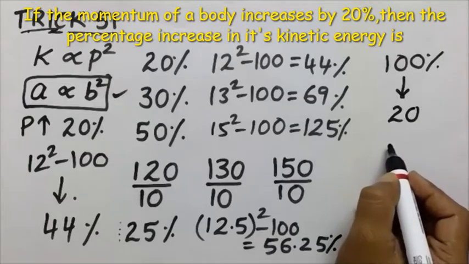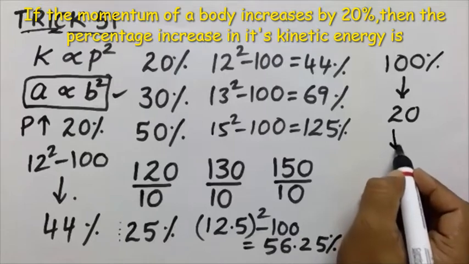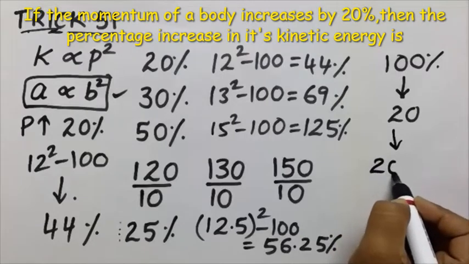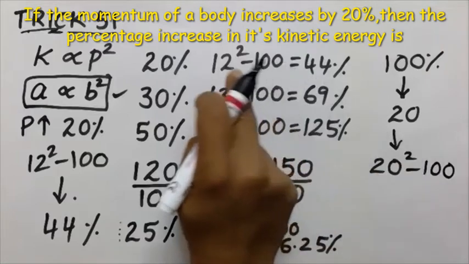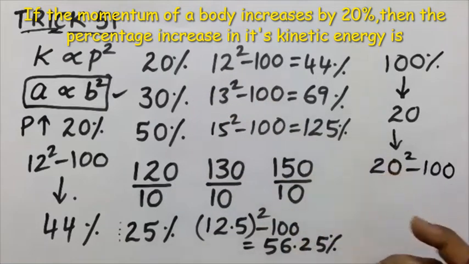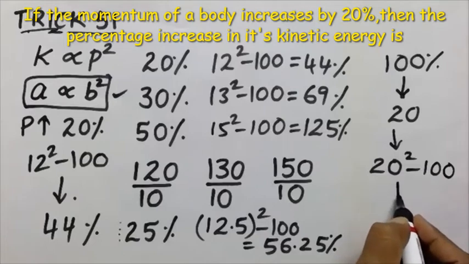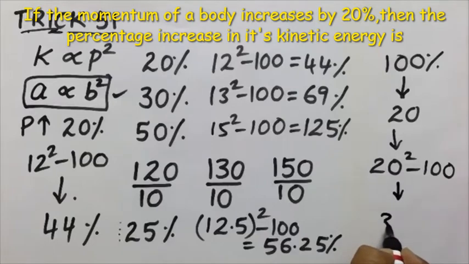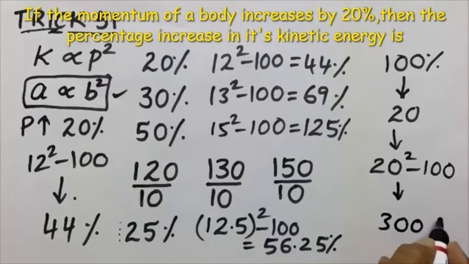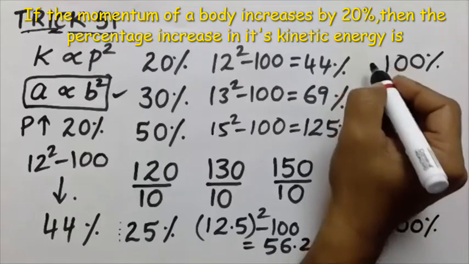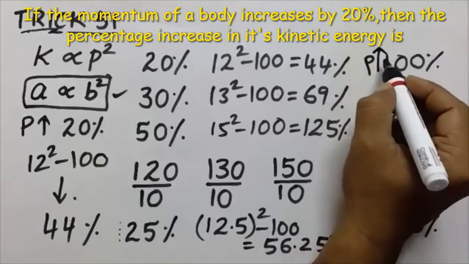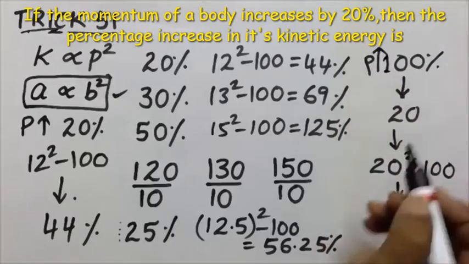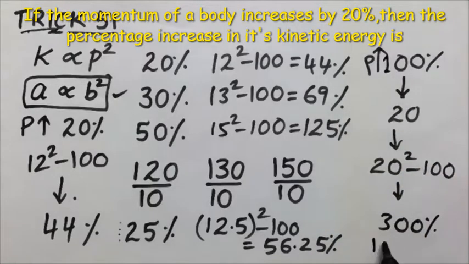Then square this and subtract 100 from this. Like that we have to do. So 400 minus 100. Now it will be 300. So if momentum increases by 100%, then kinetic energy increases by 300%.